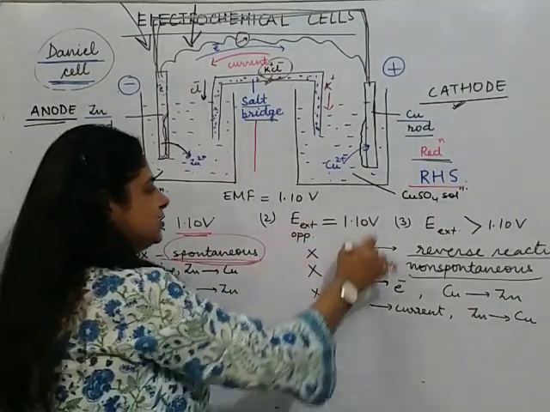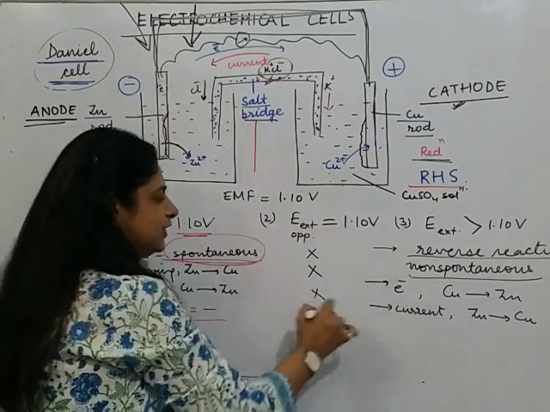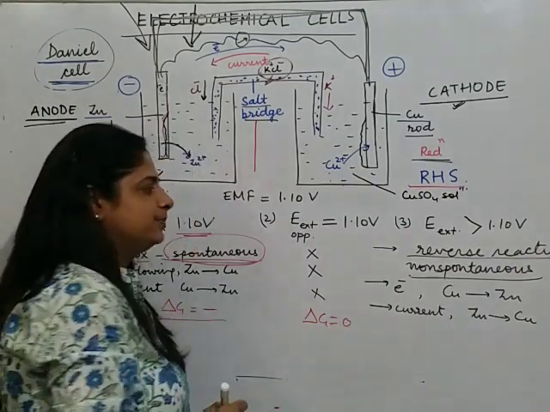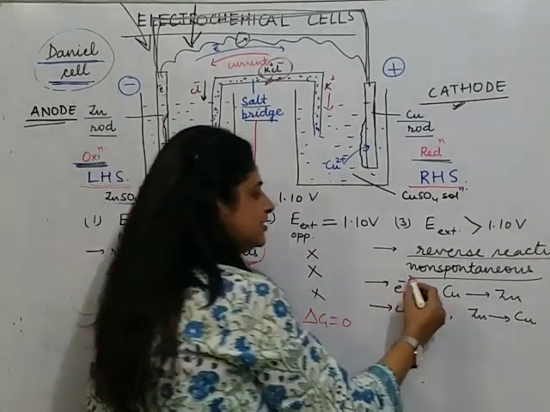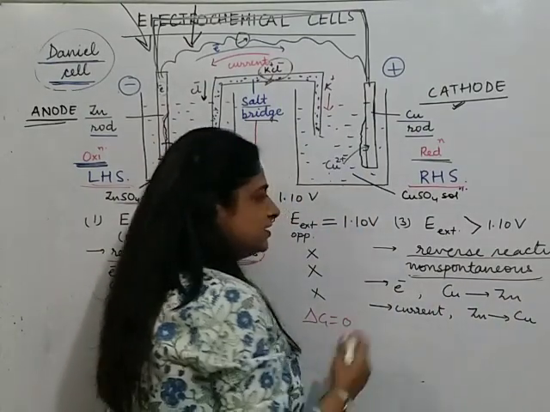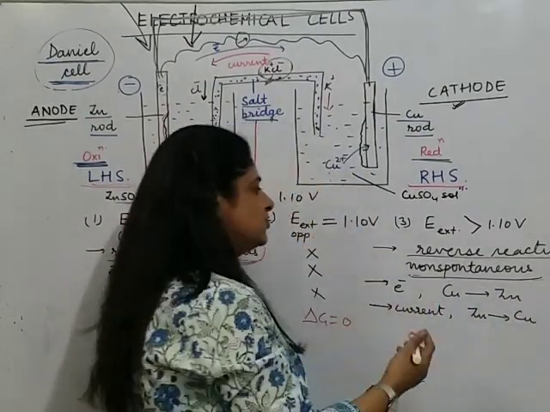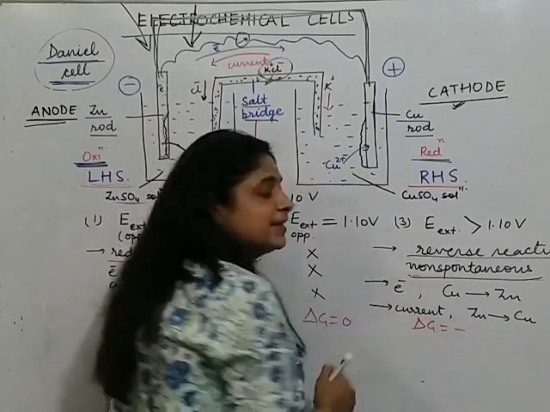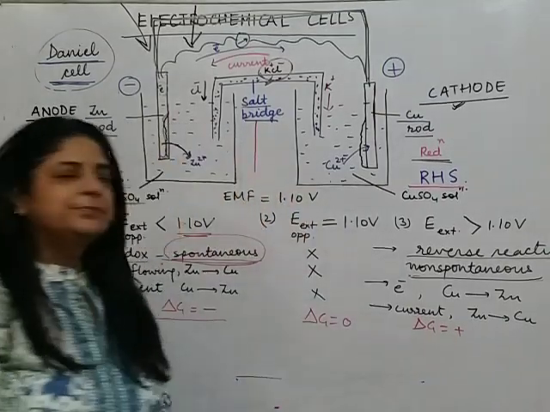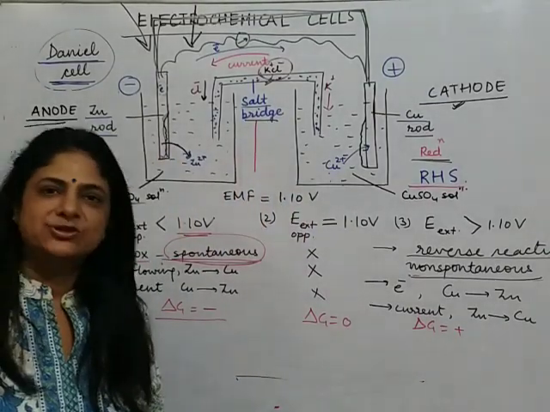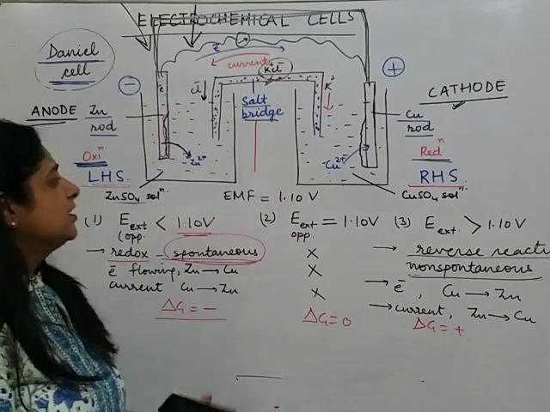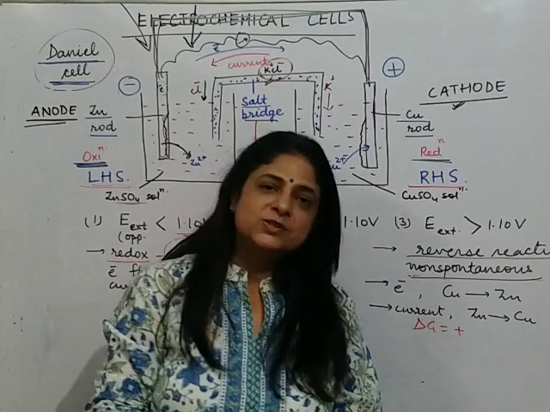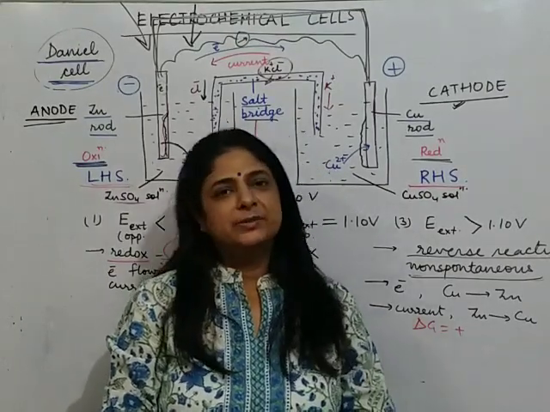This indicates there is no reaction taking place, no flow of electrons, no flow of current. So delta G is 0. While when the process is non-spontaneous, it is causing a reversing effect, reversing reactions. Delta G would be positive for this particular condition. I hope this would help you to understand all these aspects related to the electrochemical cell.